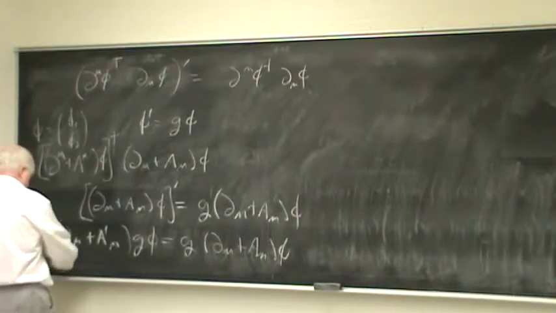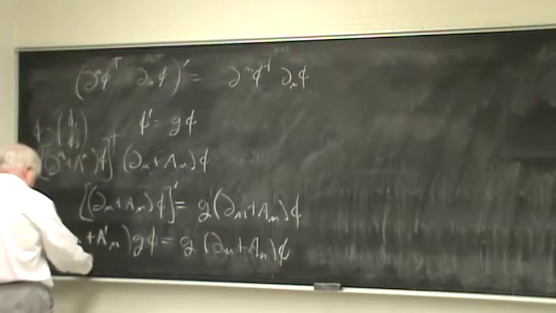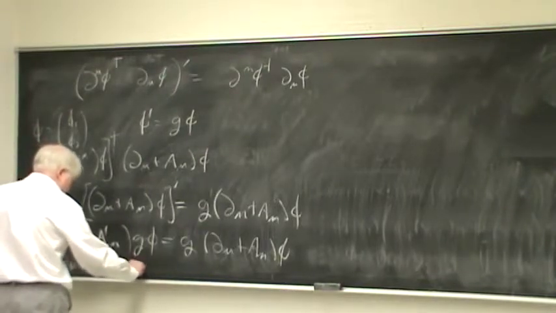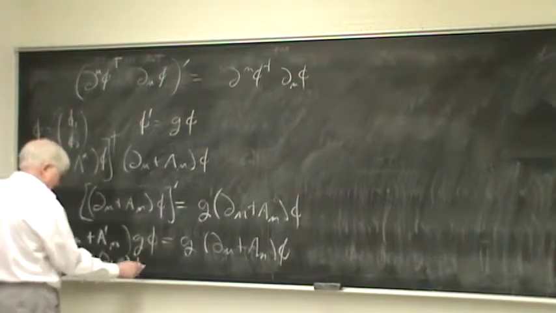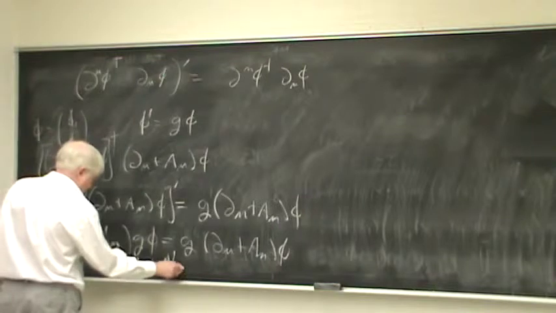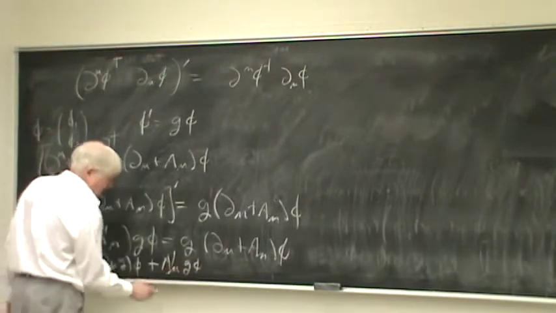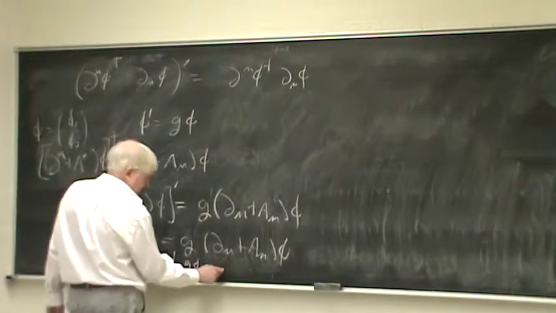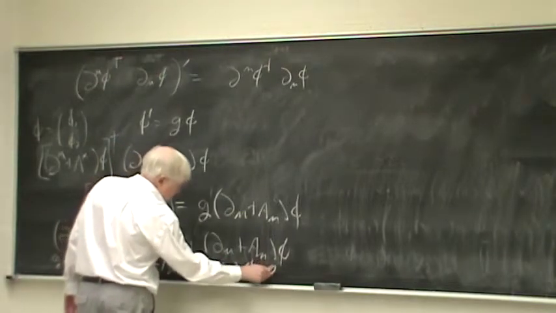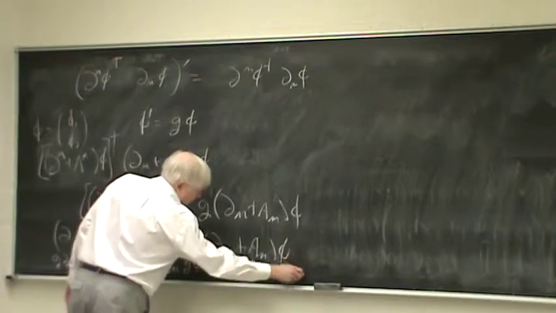You get a term that's g d mu phi, but then you get a term d mu g times phi, and then you get this term, A prime mu g phi, and then over here, this is g d mu phi plus g A mu phi.